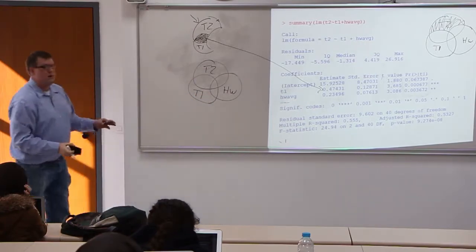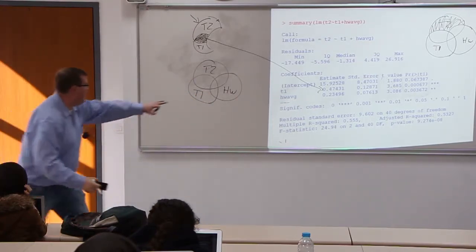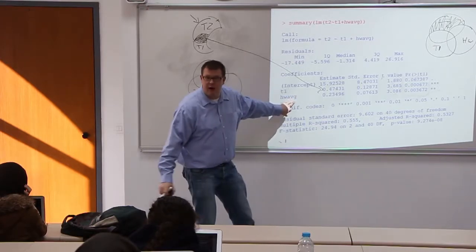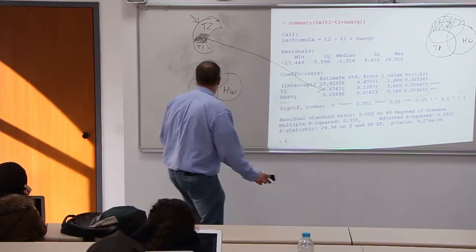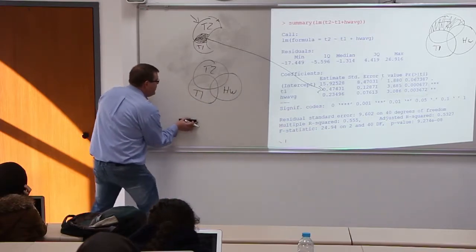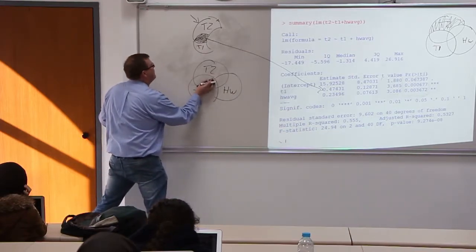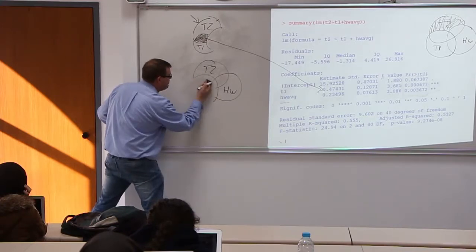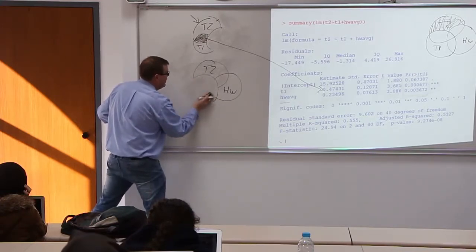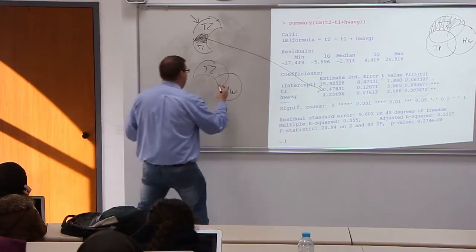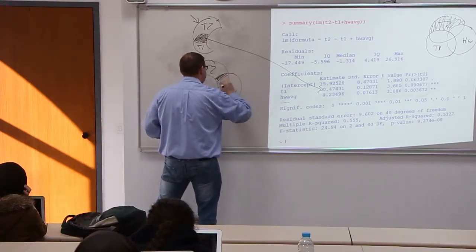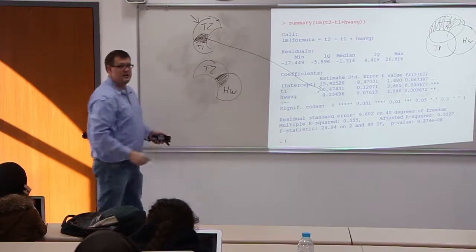Now what we're doing, this is again a partial regression coefficient, not a semi-partial. So what we have done is we have taken away all of the variation that has been explained by T1. We're controlling for that. So now we are comparing this to that piece.